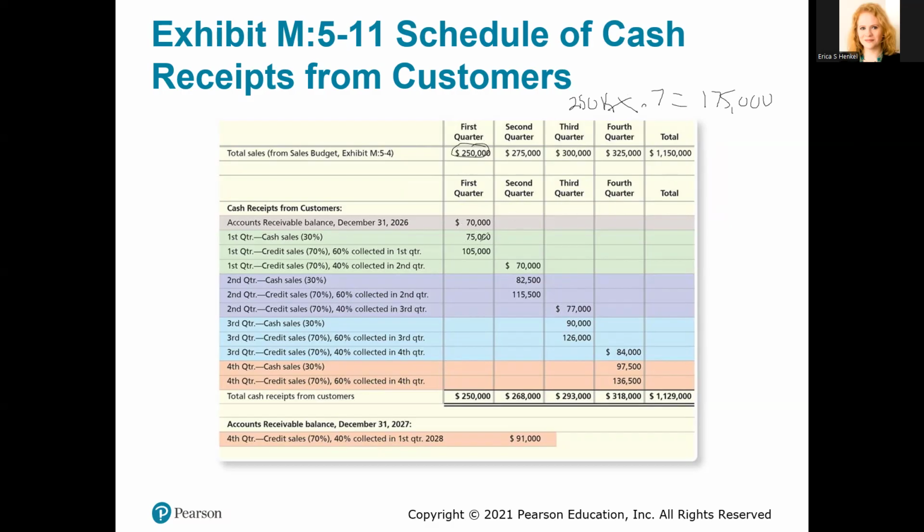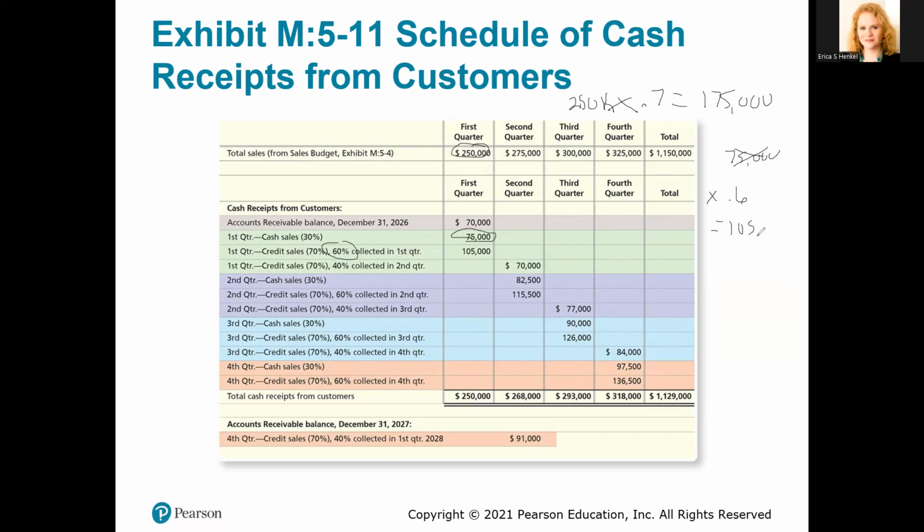And of those, 60% of the 175,000, so times 0.6, is 105,000, right?